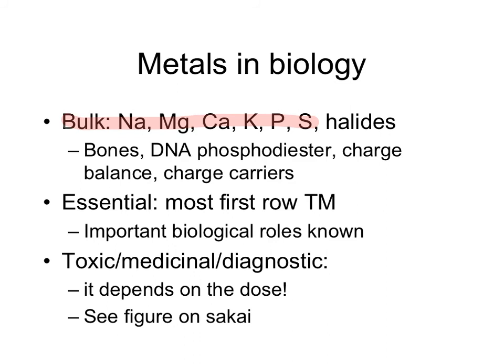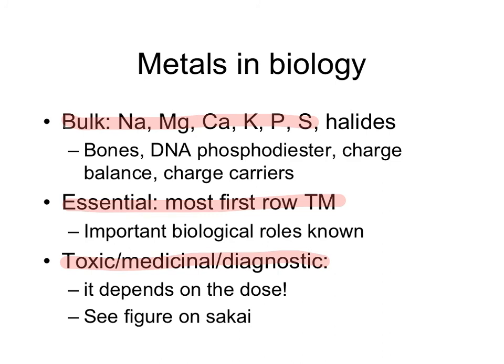So these are present in large quantities in your body. The essential elements are most of the first row transition elements, not all, but most of them. They have essential roles for either structure, redox, or reactivity, and they're important roles known for most of the first row transition elements. And finally, there are those that are toxic, medical, or used as diagnostics.